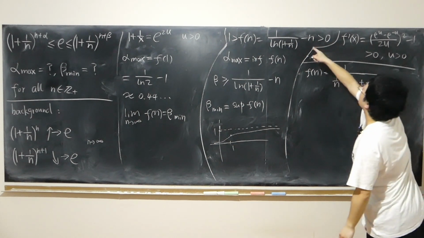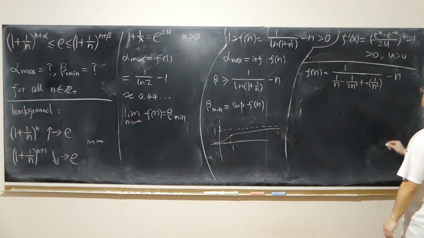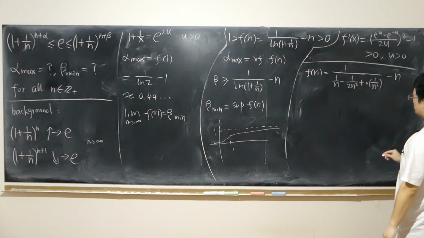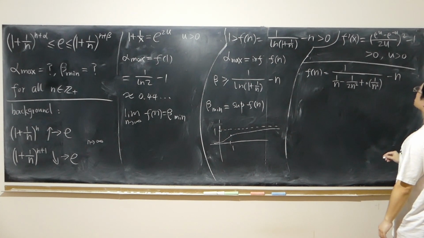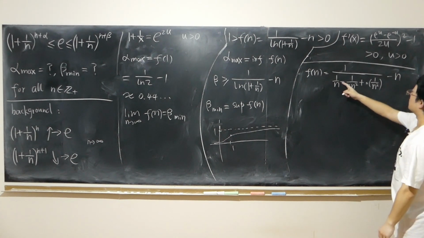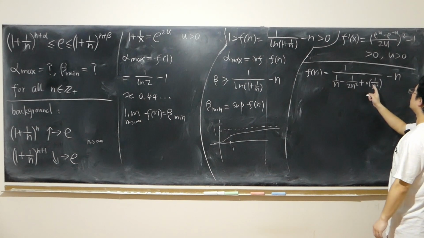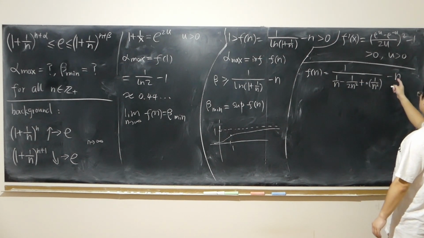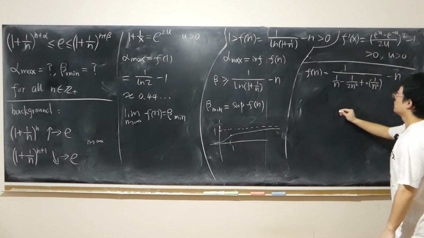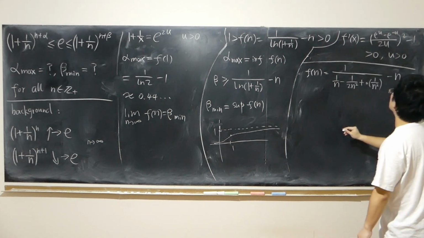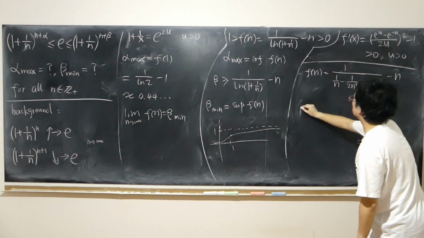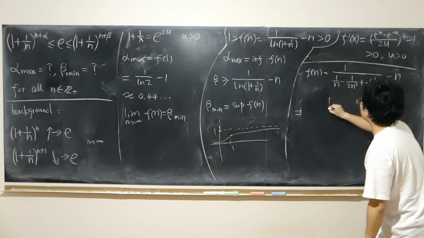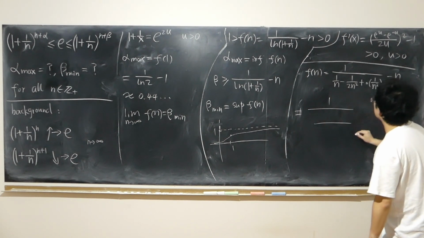And minus n. Now this is obviously undetermined, because 1 over something approaching 0 goes to positive infinity, minus positive infinity, undetermined. So one correct way to deal with that is to use a common denominator.